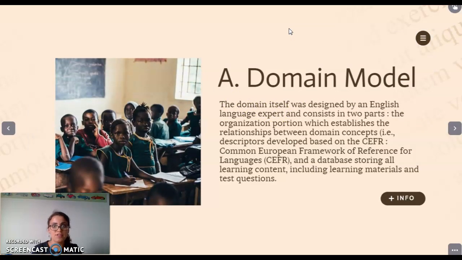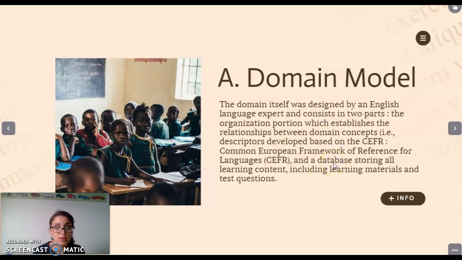For the second model, we say domain in French, like field. The domain model was designed by an English language expert and consists of two parts. First, the organization portion, which establishes the relationships between domain concepts. There is the CEFR, the Common European Framework of Reference for Languages, with these domain concepts.